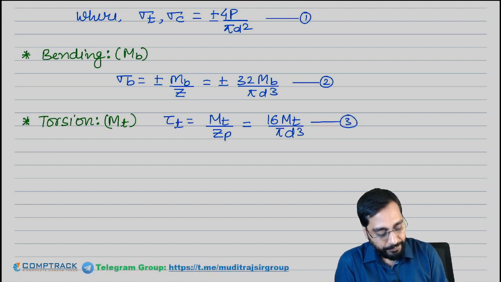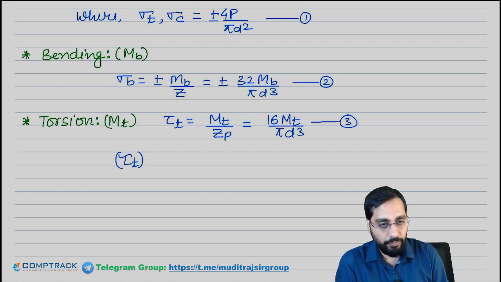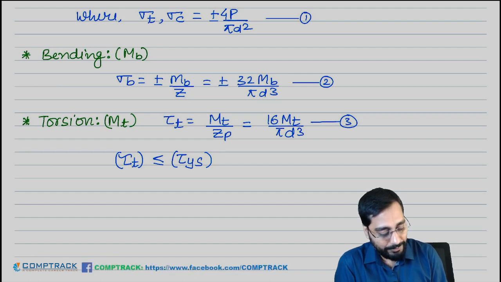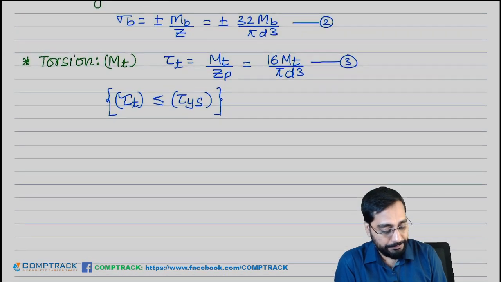Okay. Here this torsional tau must be within limit, that is yield strength in shear. So this will be the failure criteria.